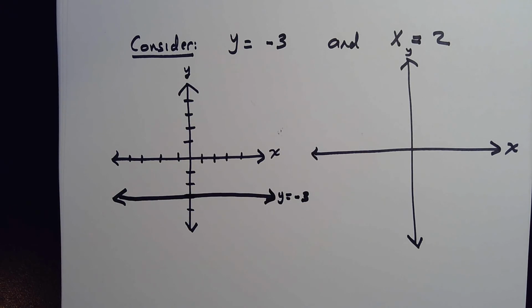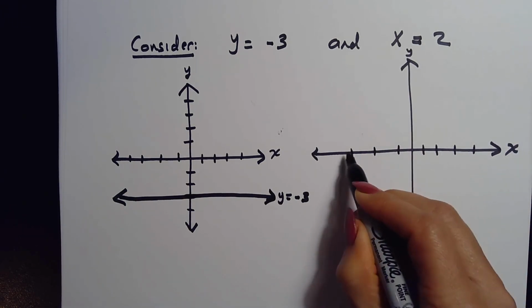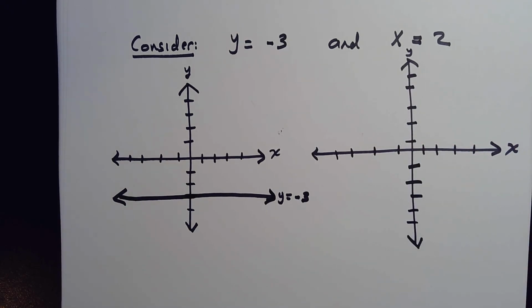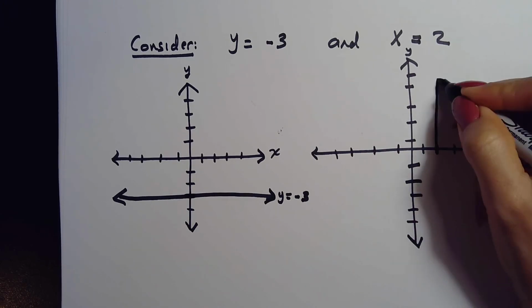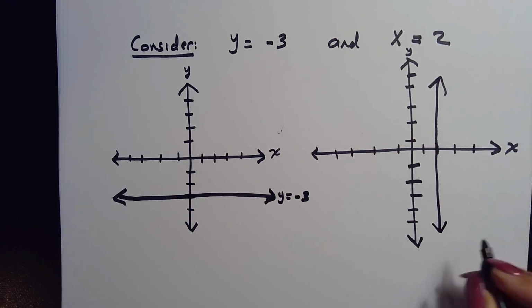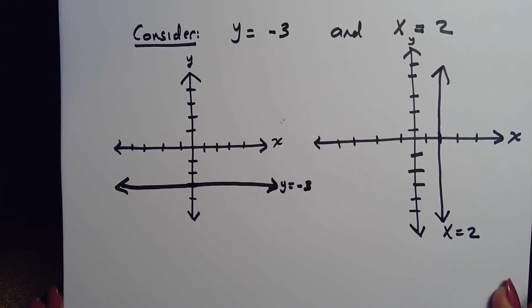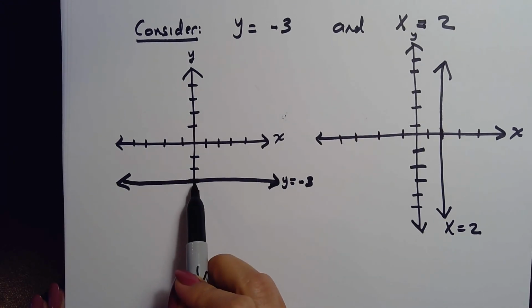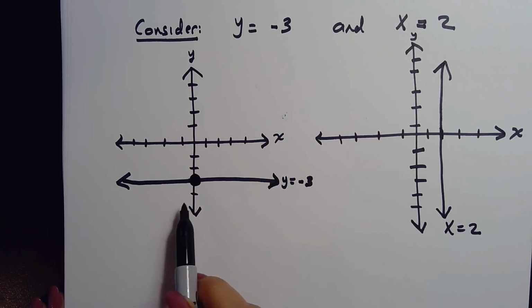And then x equals 2, let me just draw this right, you find x equals 2, here it is, and it's going to be a vertical line at x equals 2. So this is x equals 2. So notice that y equals -3 has only a y-intercept, because that's where it crosses the y-axis.